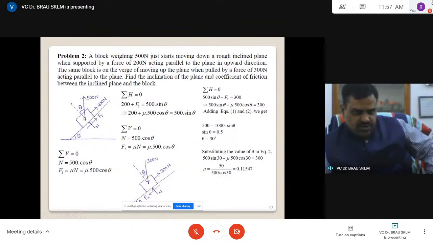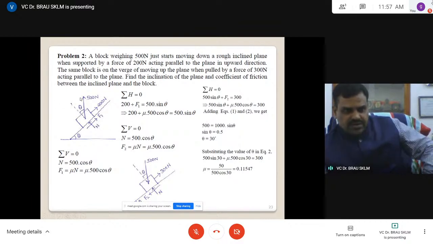N is equal to W cos theta, both downward, there is a perpendicular plane. So mu N, that is 200 plus F1 is equal to 500 sin theta, and in this case N is equal to 500 cos theta, vertical force along the perpendicular plane. N, and actually the arrow is a mistake here, make it downward.